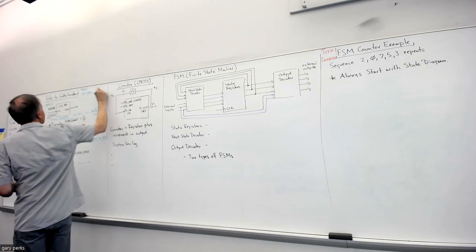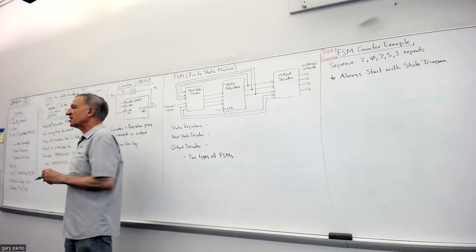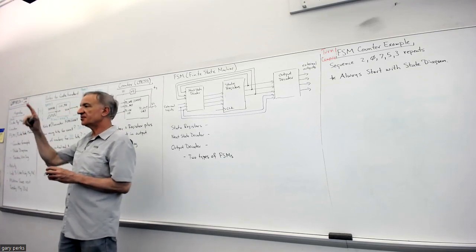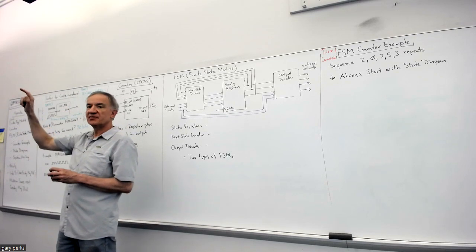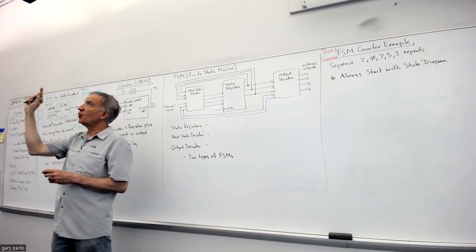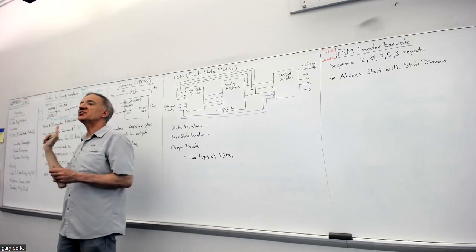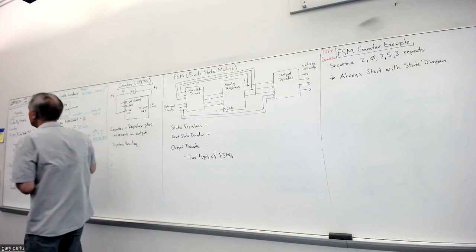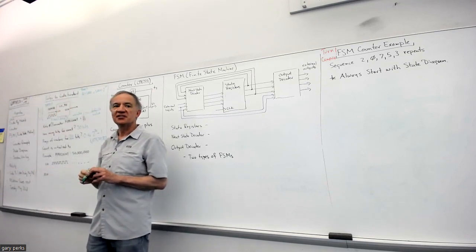Does anyone know why it's 1,024 and not some other number? It's 1,024 because 2 to the 10 is the whole number power of 2 that's closest to 1,000. You take 2 to the 10, you'll see it comes out to 1,024.